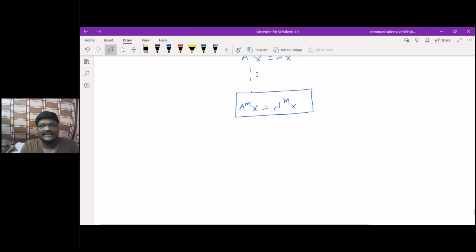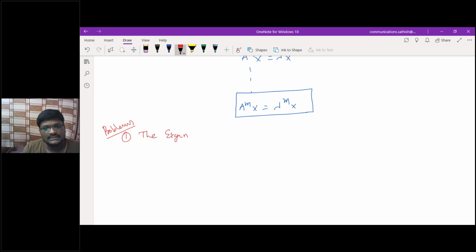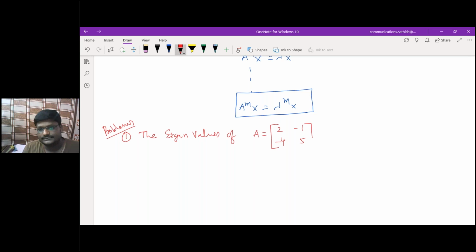Okay. So let me take problems based upon that. So go for problems. Firstly, give me the first problem. The eigenvalues of capital A equal to 2 minus 1, minus 4 5.